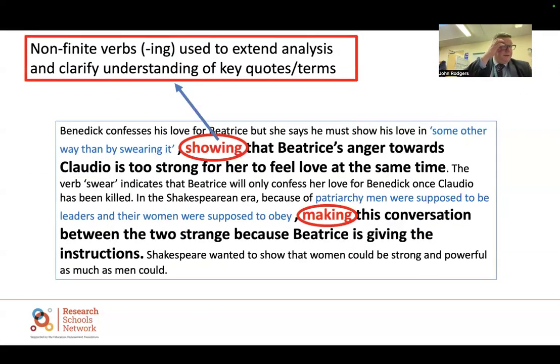Right, so we've got a couple of examples now. I think there's one from Art coming up in a minute. But this is an English example, looking at higher quality analytical paragraphs. This is from a Year 9 class, looking at Much Ado About Nothing. What they were trying to do here was the ability to focus in on key words, but most tellingly the use of non-finite verbs to extend the analysis.